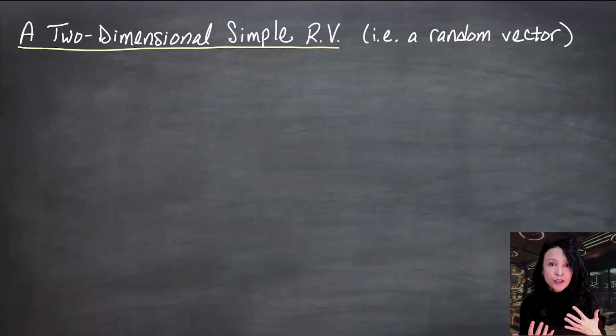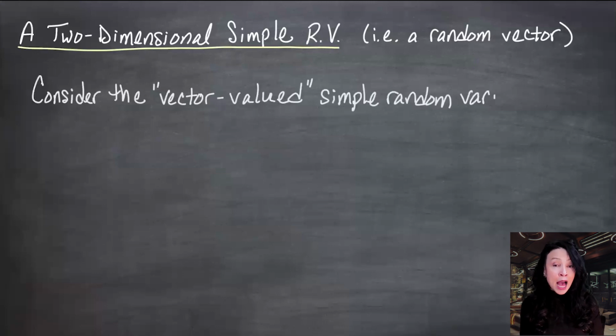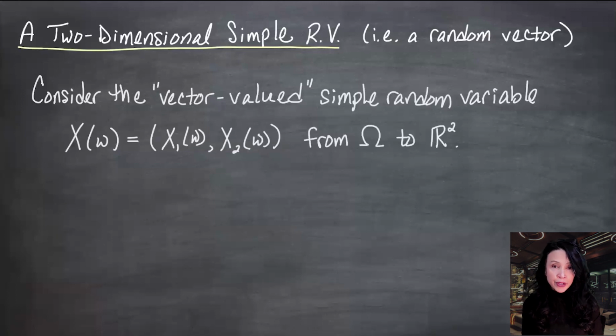So a vector-valued random variable, a capital X of omega consisting of two components, capital X1 of omega and capital X2 of omega, is a function from omega into R2, the two-dimensional reals. It's simple because it takes on a finite number of values, and that's our assumption.